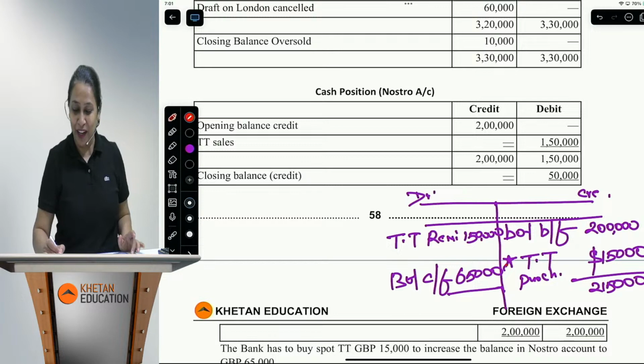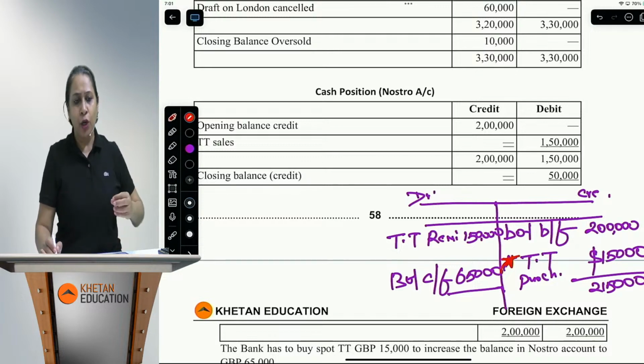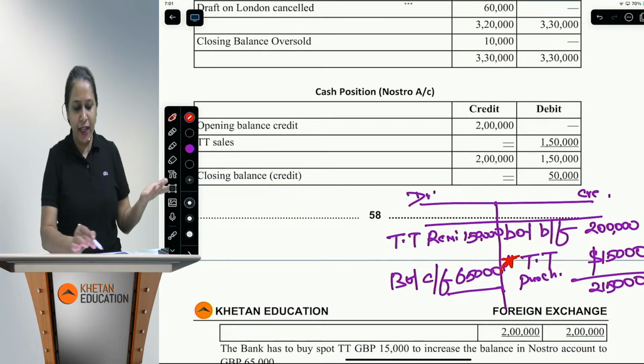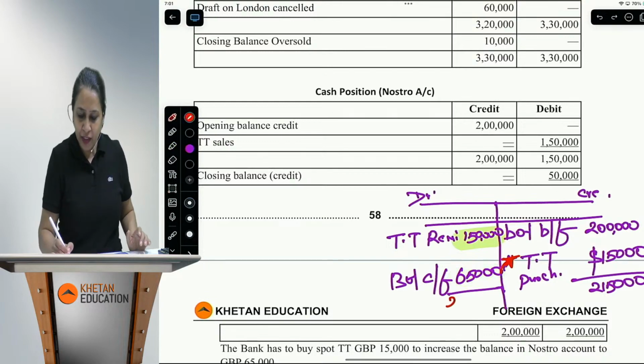So TT purchase artificial entry, that means you sell TT worth $15,000 to make it $2,15,000. Here it is already 1,50,000, so this $65,000 is a credit balance that we are carrying forward. So here this will be 2,50,000.